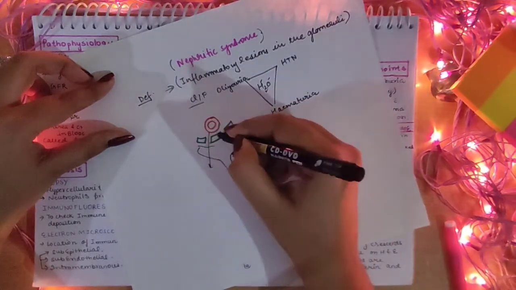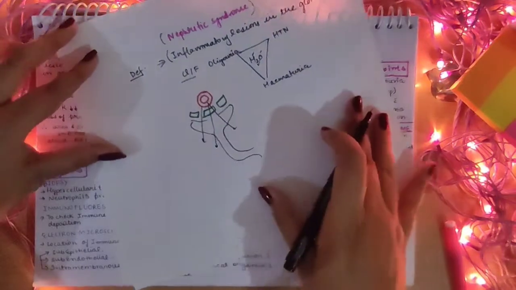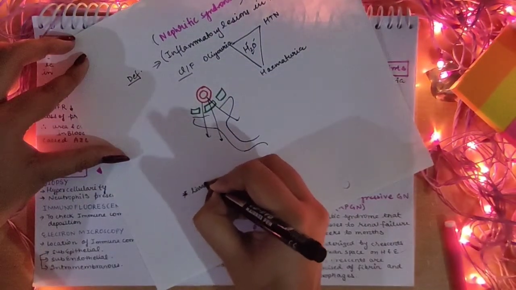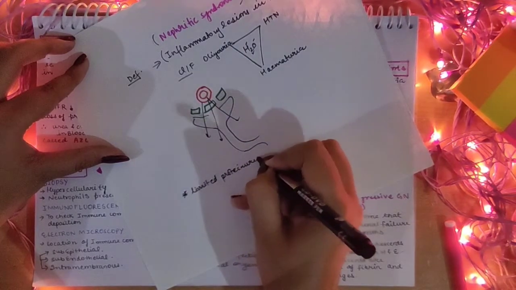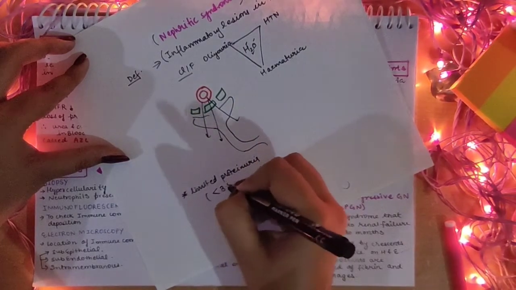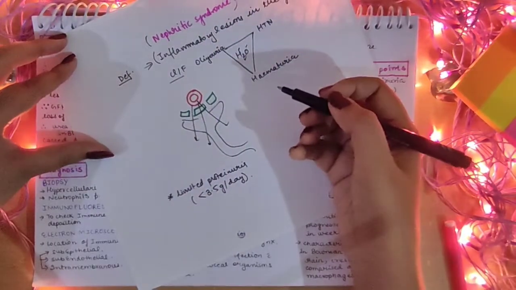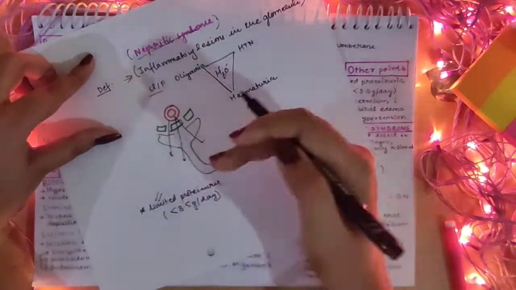The proteins and the RBCs all start to come down. Also, one important point to remember is that there is limited proteinuria, which is less than 3.5 gram per day, which makes it different from the nephrotic syndrome.